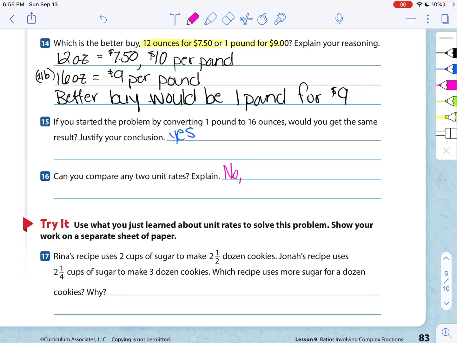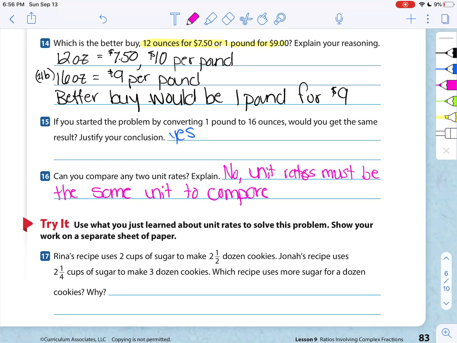No. When you're comparing unit rates, the unit rates must be the same unit. So if you have two unit rates that you want to compare, you can convert one to the other unit and then compare.